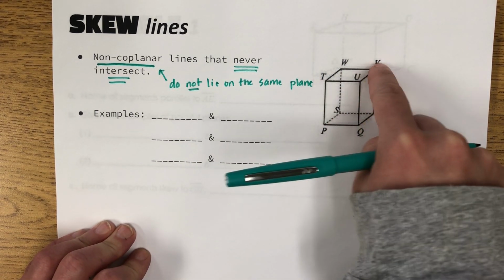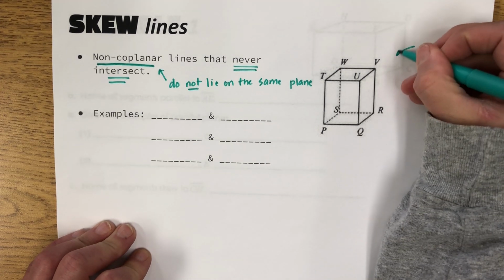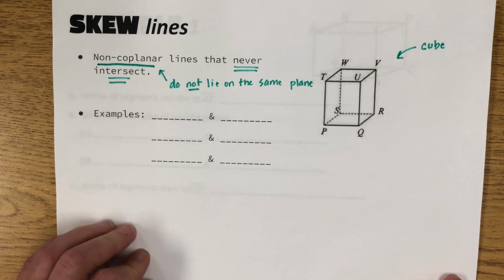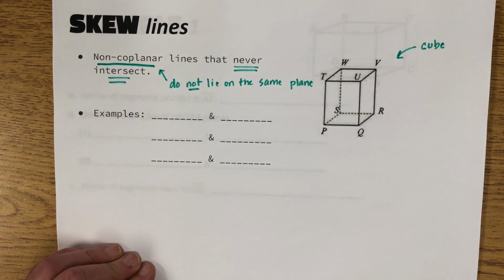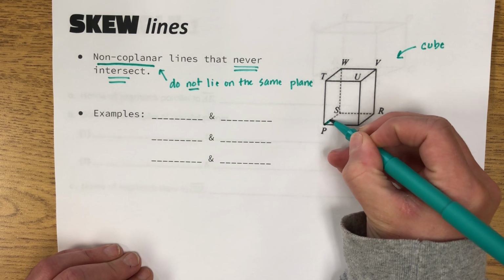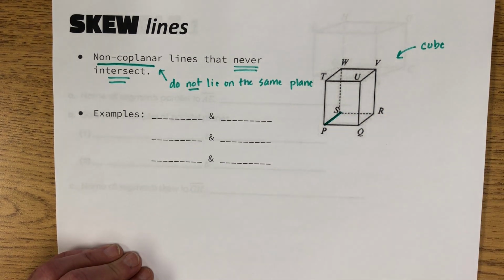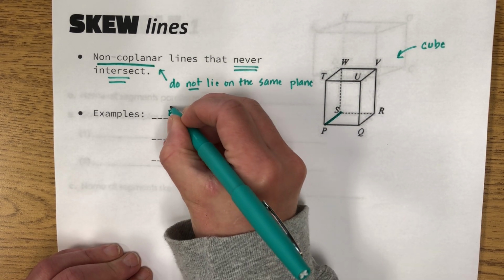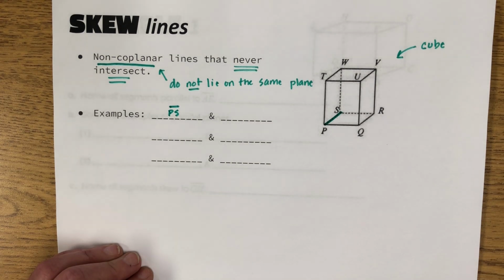If we look at this figure, we'll notice that this figure is a cube. Okay, and we have a lot of lines here. So let's go ahead and find some skew lines. Let's start with line PS right here, and let's find a skew line to PS.